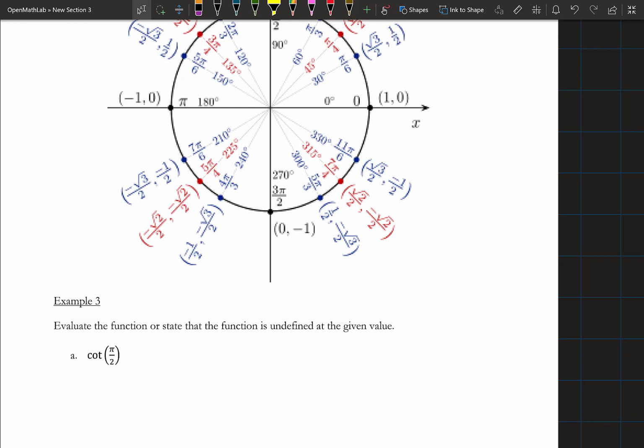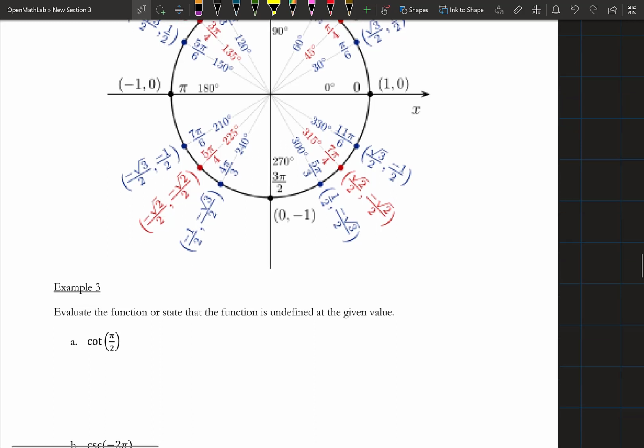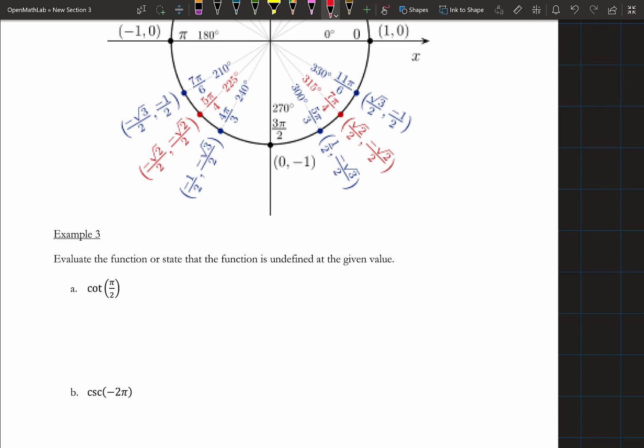Example 3 has 2 parts. We're asked to evaluate the function or state the function is undefined at the given value. The very first thing, I'm looking at cotangent of pi over 2. Remember that cotangent of pi over 2 is equal to x over y.